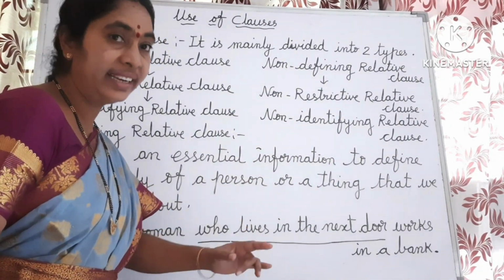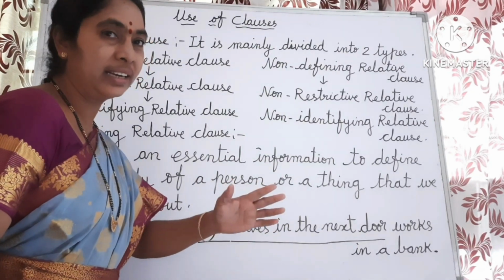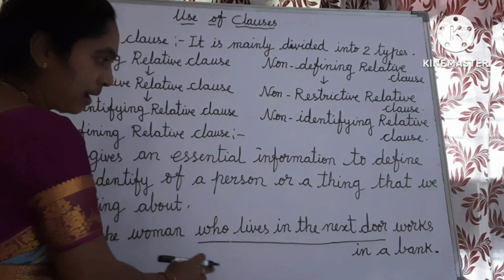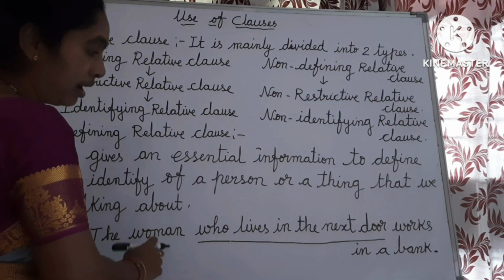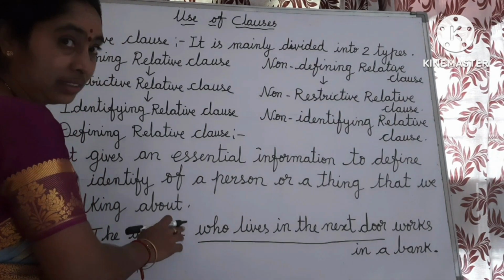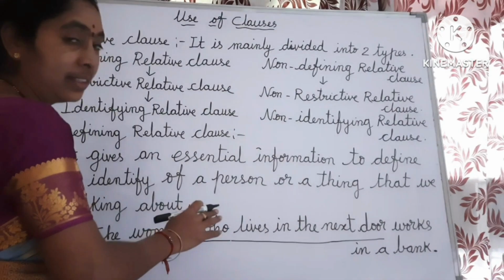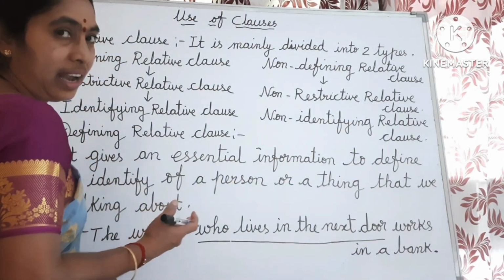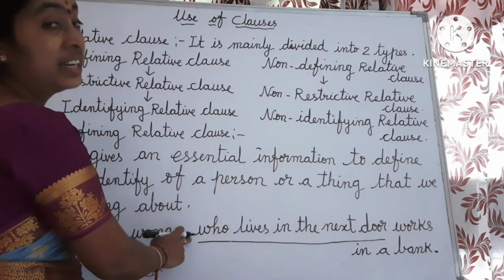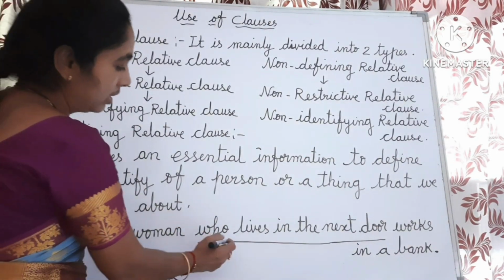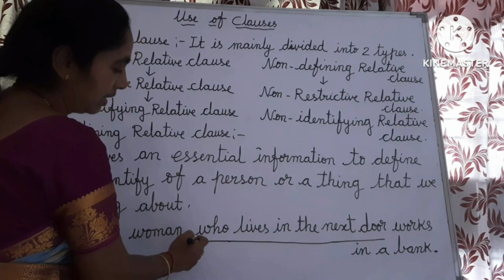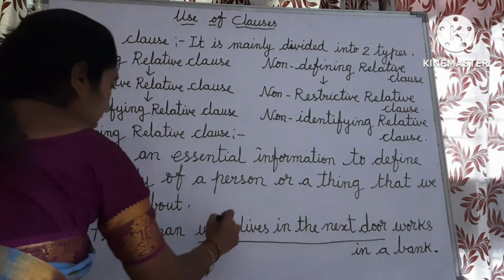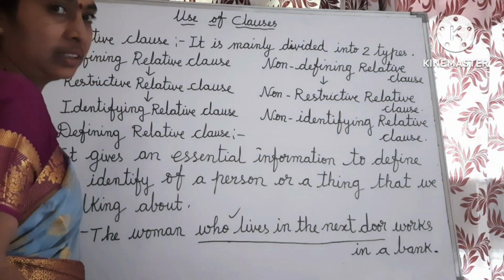See, one trick is there. If commas or parentheses are there in the sentence, that is a non-defining clause. If there is no comma or parenthesis, it is a defining clause. So which option do we select here? Defining clause is the only right answer.